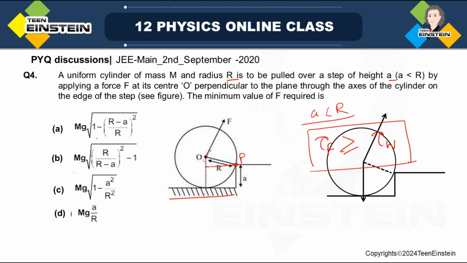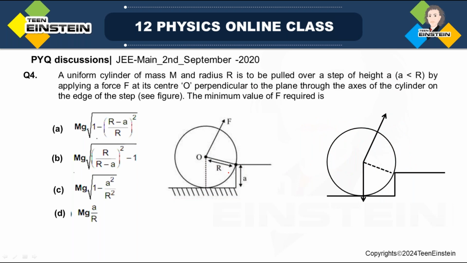To get the minimum force, look, this is the replica figure here. This is a and this is R. The torque due to the force at this particular position P is F into the perpendicular distance R, that is fine. Now the weight is acting this way, so I have to get this normal distance x. The torque due to the weight is mg into x.